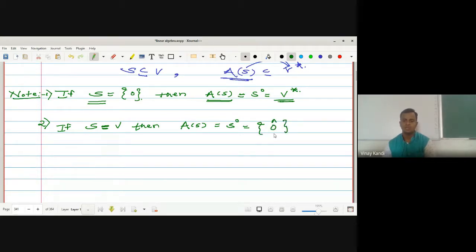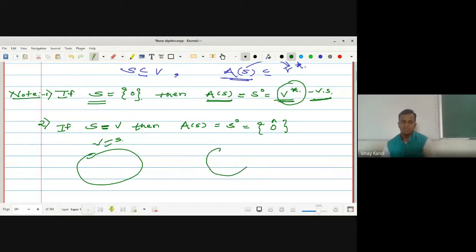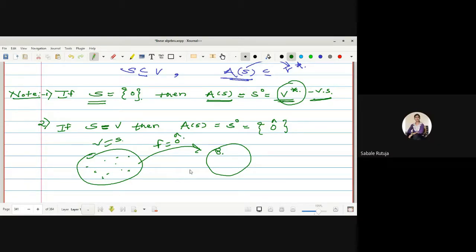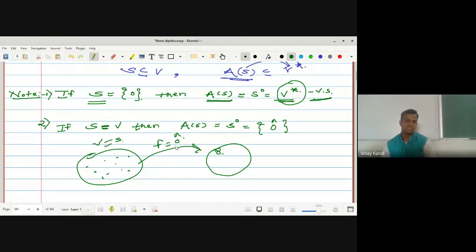This is nothing but the zero functional. S dot, A of S, is always a subset of V star. Whatever functional there is in V star, which is a vector space, means it must contain the zero functional also. So suppose this V is the whole of S, then which function is there that transforms every element of V, that is every element of V, to zero? It is the zero functional itself. Is it correct? Yes, sir. So the zero functional is the only functional which transforms every vector of V to zero of our codomain, that is the field F. So if S is equal to V, then A of S is equal to 0, you can write only 0.